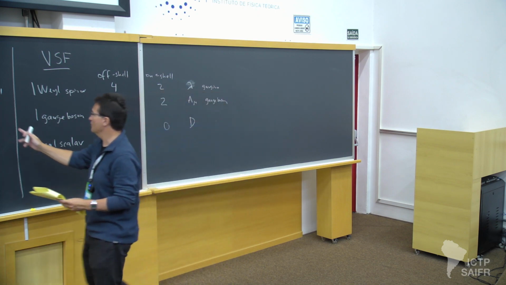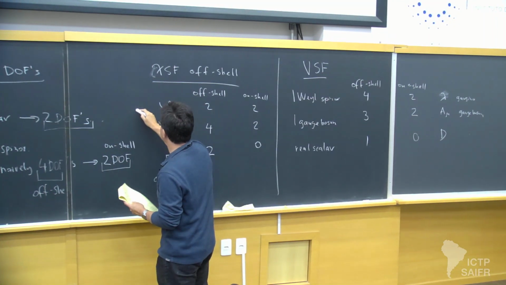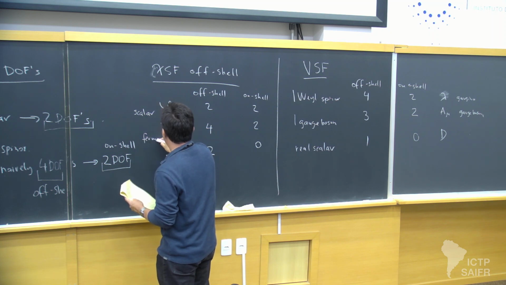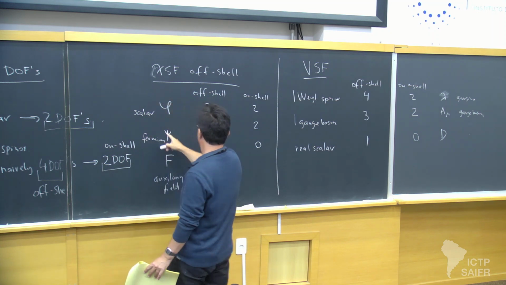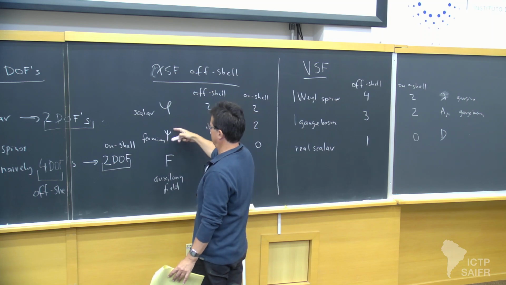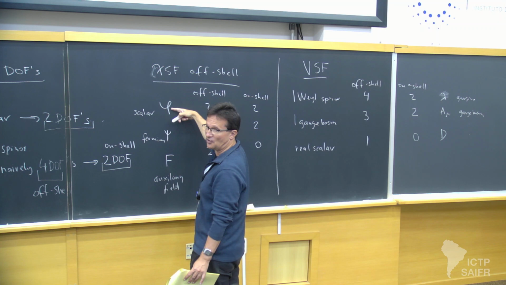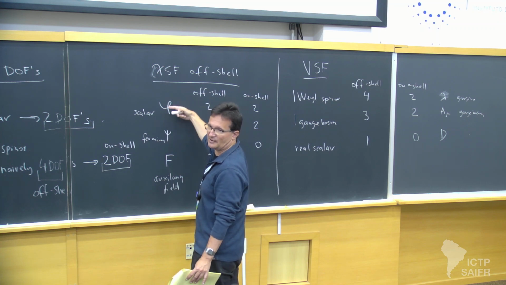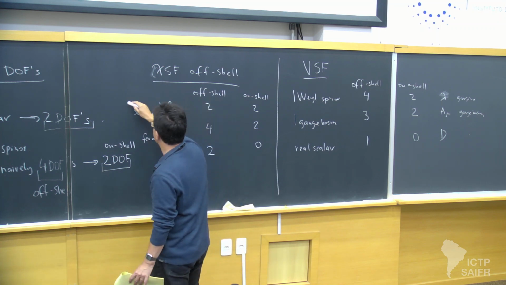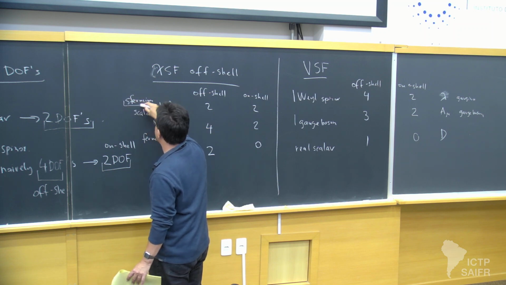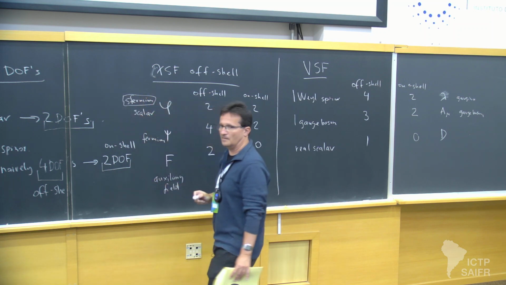And just to be sure, this is the scalar and the fermion. Usually if the fermion, for example, is the electron, then the partner of it is called the scalar electron. So this would be the fermion, and this would be the scalar fermion.